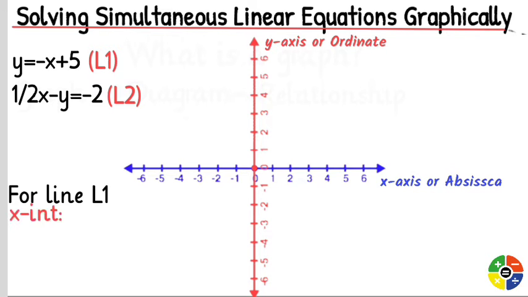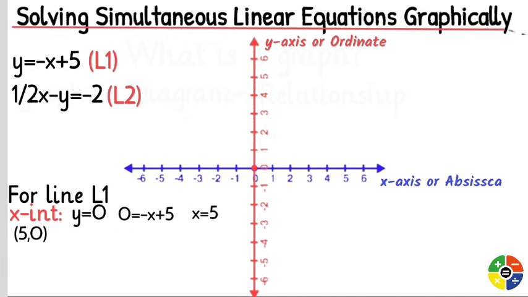Finding the x-intercept, the value of y is equal to 0, and so we substitute y = 0 and obtain 0 = -x + 5. Solving for the value of x leads to x = 5. So the point (5, 0) is the x-intercept.